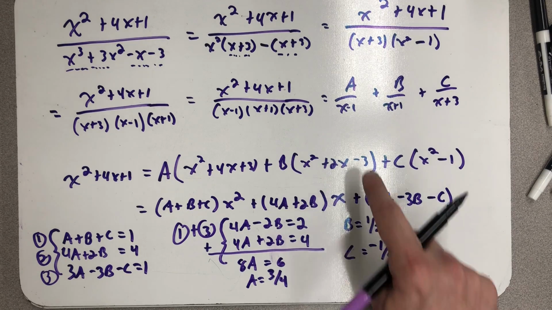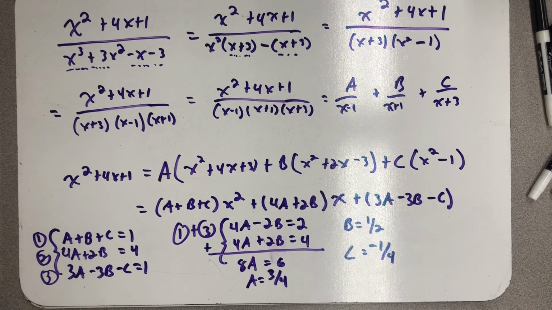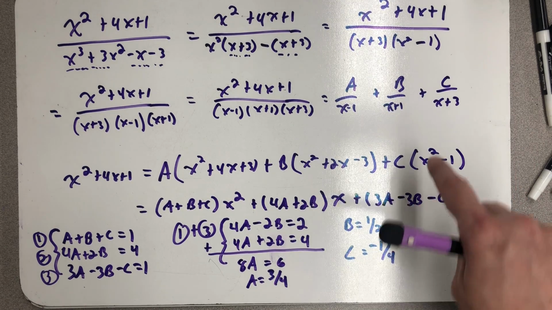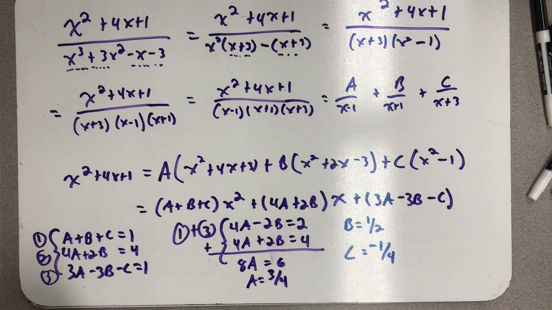But this lets me write my integrand in terms of these coefficients. Constants on top, plug the 3/4 in, plug the 1/2 in, plug the minus 1/4 in. So I'm going to quickly do that just off camera, and then we'll get to integrating.